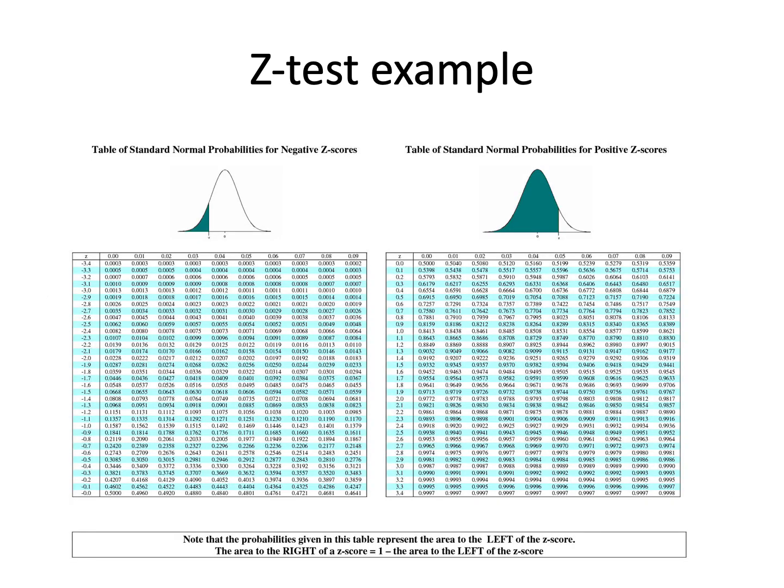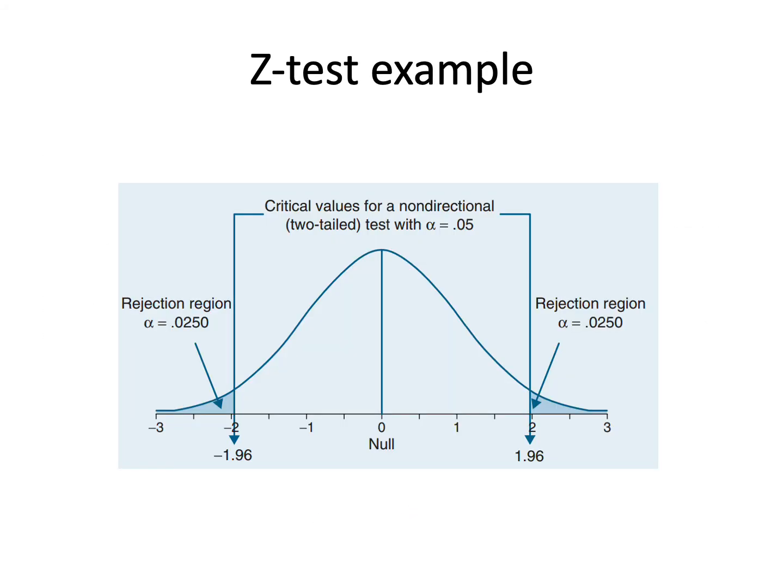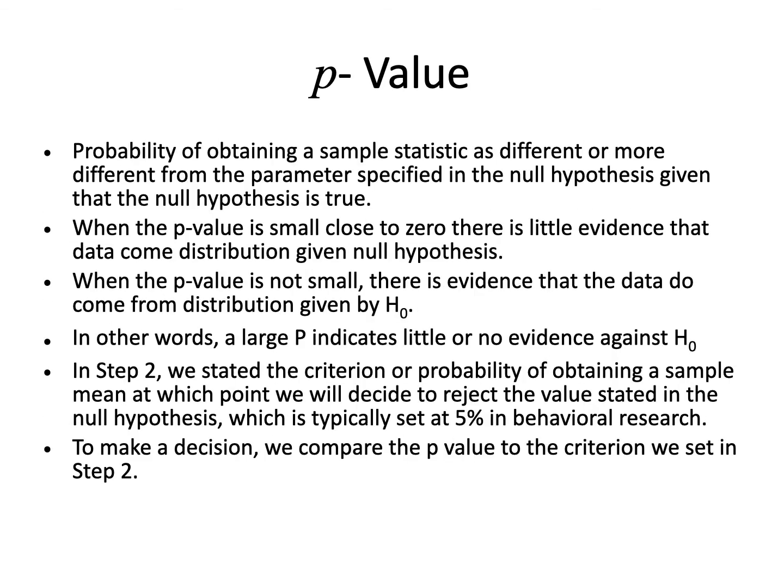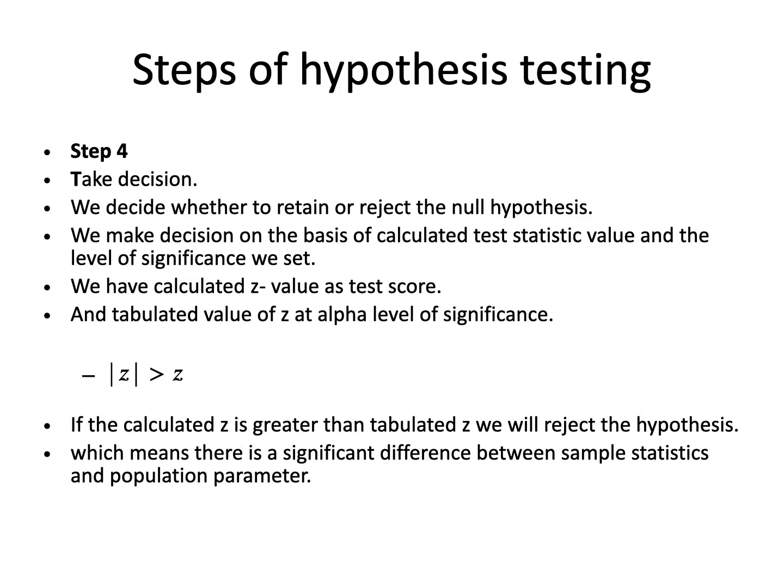One thing to be noted here is, as I mentioned in the previous slide, when we take the decision on the basis of the z score, we can take the modulus of the z obtained, or z calculated, and compare it with the level of alpha significance.